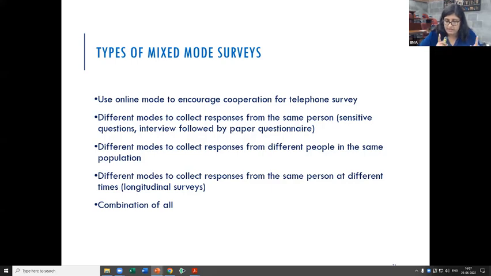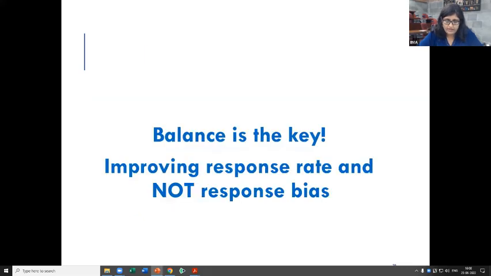So different populations will have different modes of surveys that they can respond to. If you do not include those people, then again, you'll be increasing a certain kind of error in your survey that we'll talk about. All right. So overall, balance is the key. The idea is to improve response rate and not response bias.